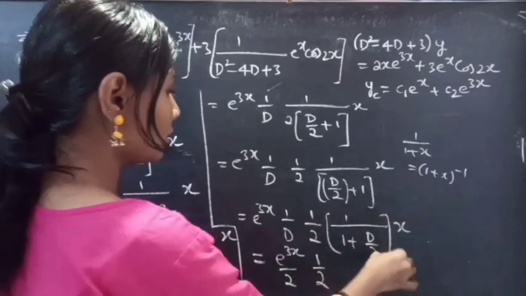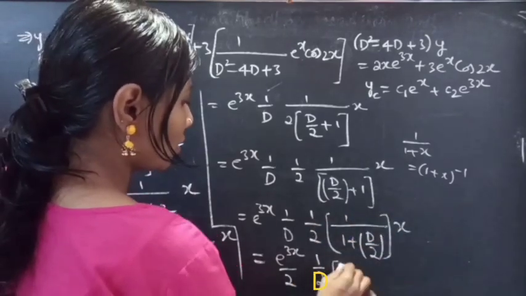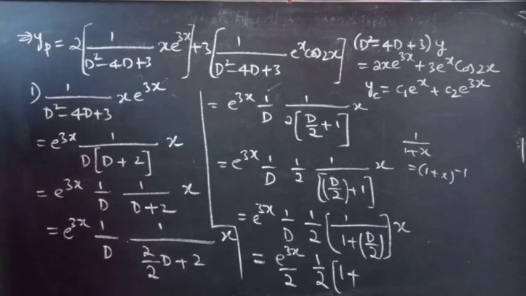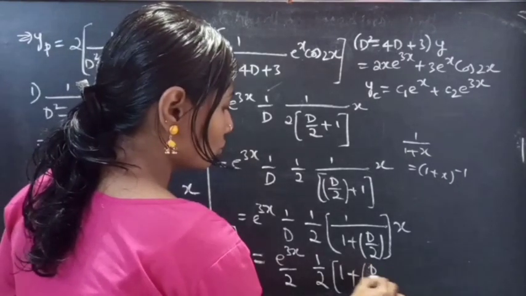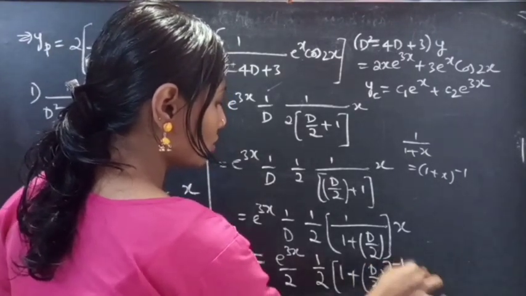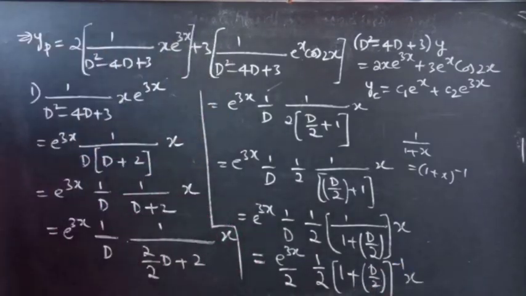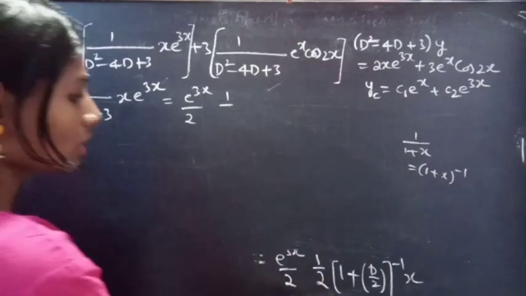now we'll write this as (1 plus D by 2) whole inverse into x. So this is D, okay?